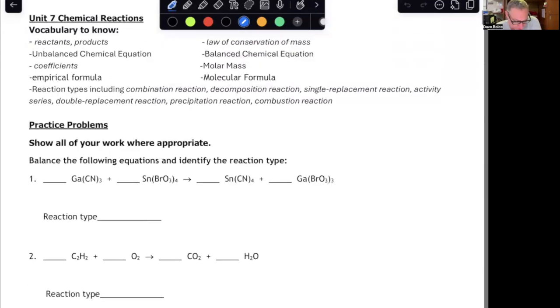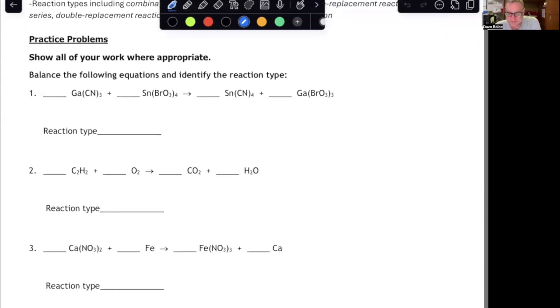First part, Unit 7, what we're mostly concerned with is identifying and balancing reactions. So real quick, let's go over the different reaction types. You've got your double replacement. This is going to be two compounds, like right here, and they're going to swap ionic partners.